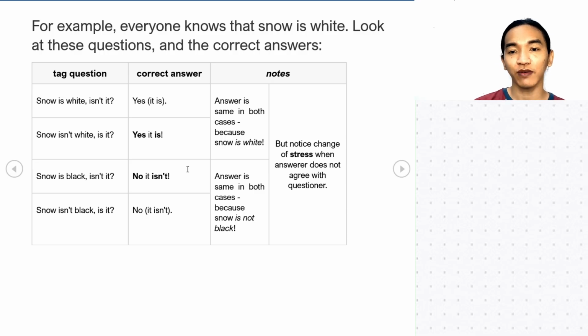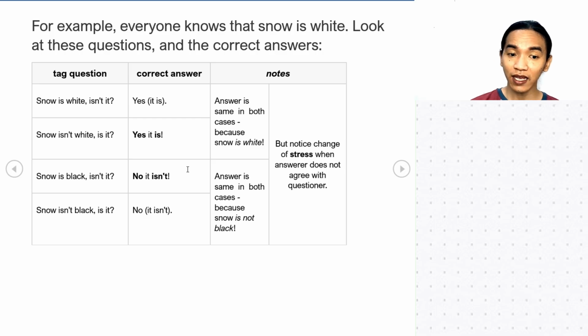For the tag question, snow is white, isn't it? What's the correct answer? You say, yes, it is. We all know that snow is white, so we just agree with it. Next one, snow isn't white, is it?